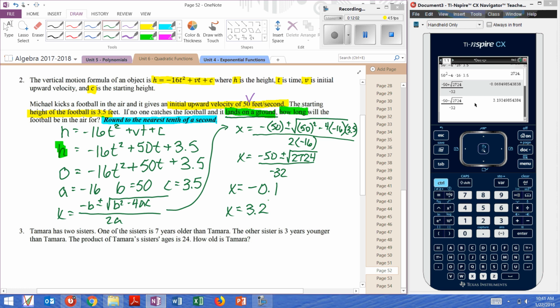So the negative doesn't make sense because we can't have the football in the air for negative seconds. So in this case, our final answer would be 3.2 seconds.